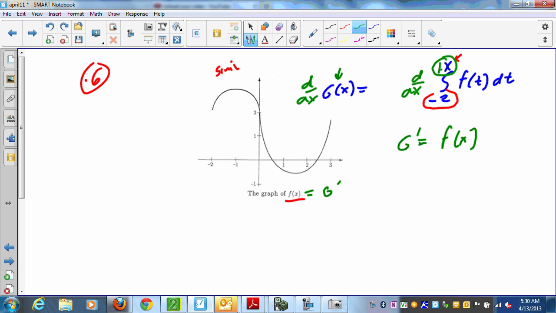So they're asking us to find on part A talks about concavity, and they want to know when is it concave downward. So concave down occurs when the second derivative is negative or less than 0. So I'm just going to draw tangent lines here. The derivative here will be positive. Derivative here is 0.